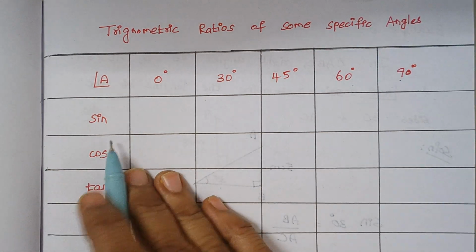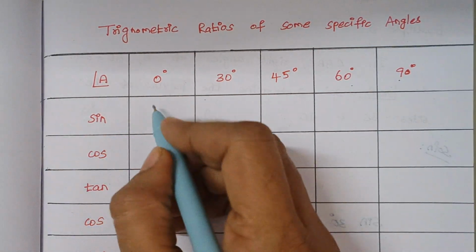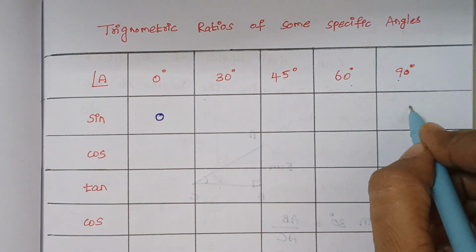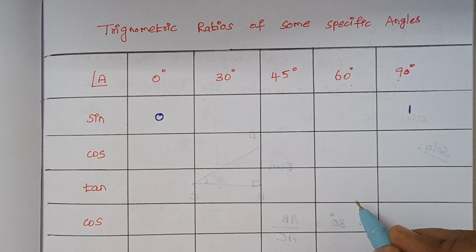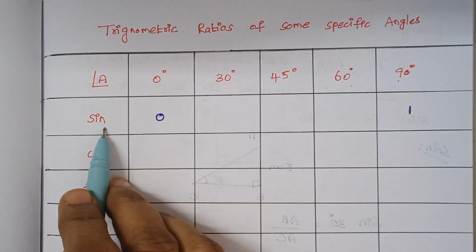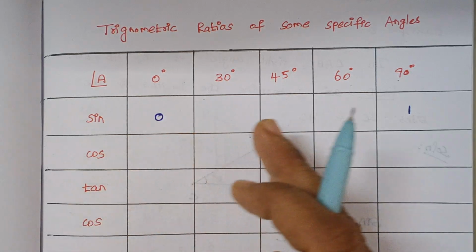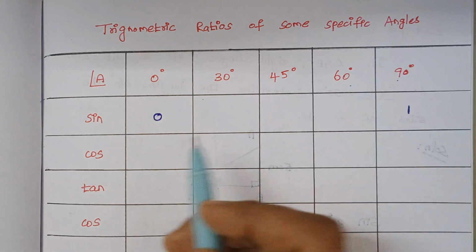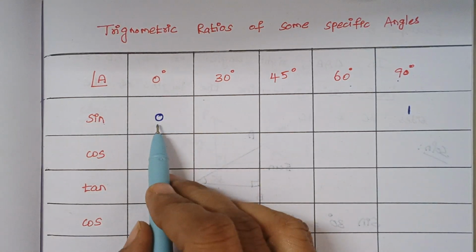So here, first, for sine 0, initially you see it is 0, right? And for sine 90 it is 1, right? So according to this, sine theta values will be gradually increasing, just like an ascending order. So for sine 0, it is 0.